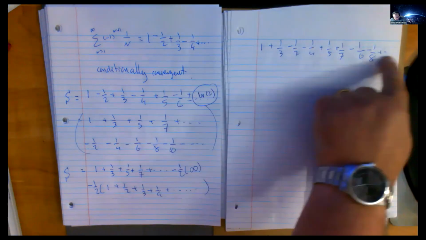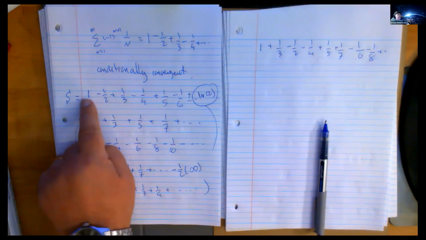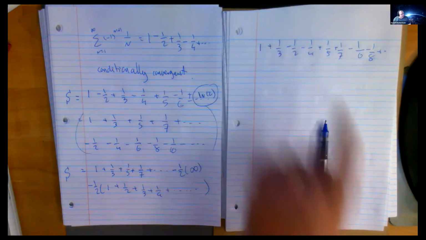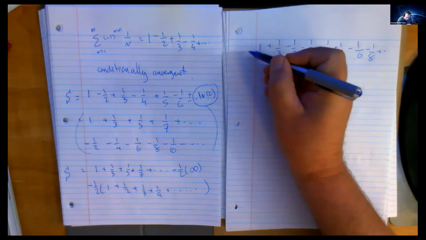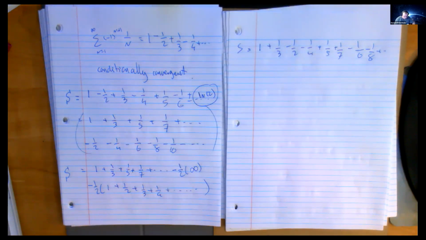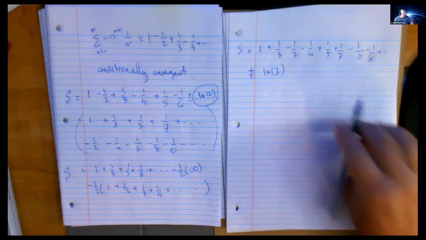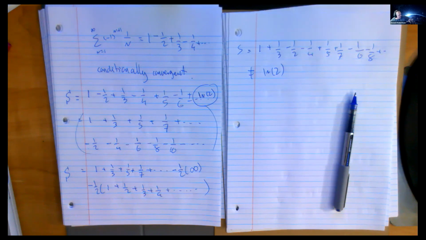See if you did this series, which is basically made up from the same guys, but the order that I've been doing them has changed. That guy also converges, but he doesn't converge to log 2. He converges to some other number. And if you decide to shuffle them differently, I can make it converge to any number you want if I was clever enough to do the math.